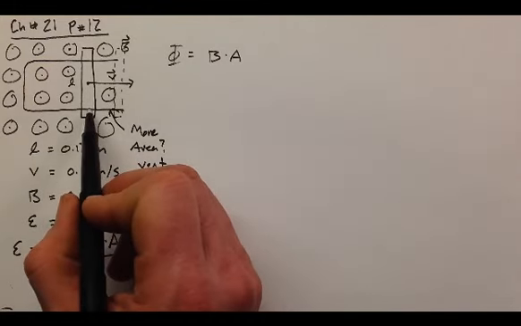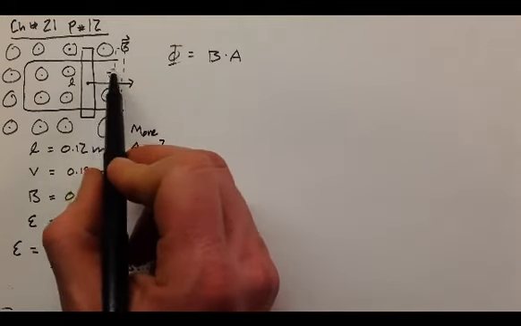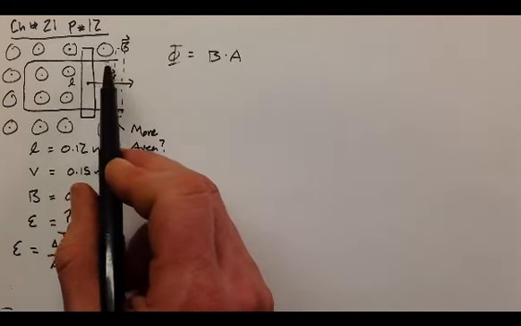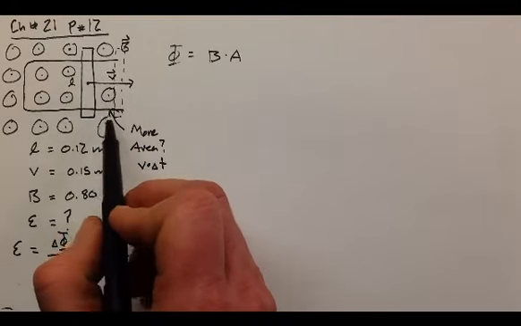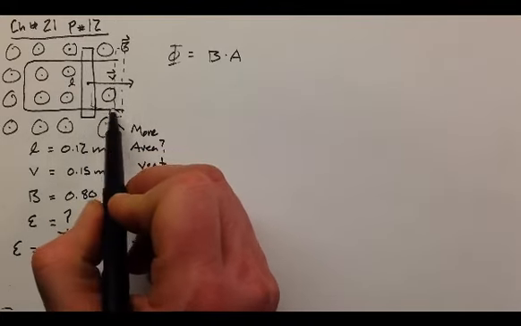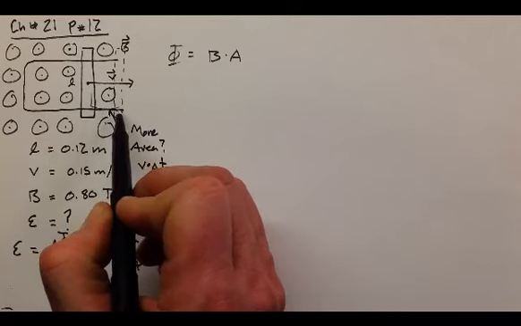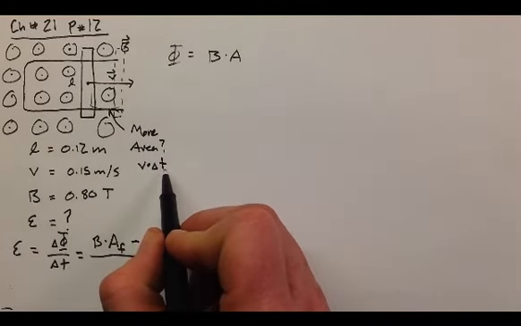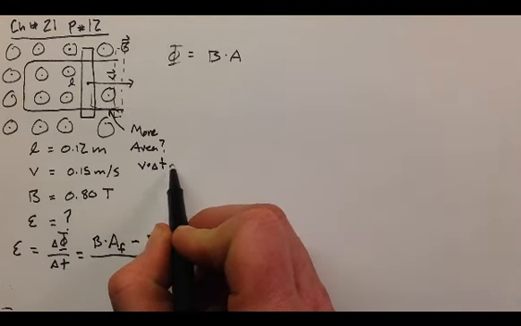If it's moved that much further to the right, then the change in area would be this length L times v times delta t.